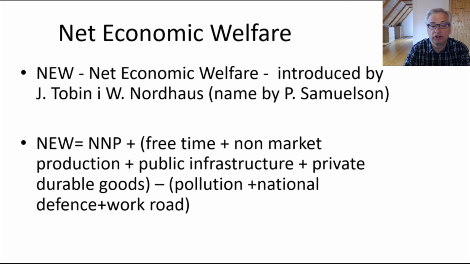Their idea was that net economic welfare is net national product plus the value of free time plus the value of non-market production, remember the cake from your granny, plus public infrastructure that makes your life easier, plus private durable goods that are produced and can be used, but minus pollution, minus national defense, and minus work, and that would be a nice tool to capture our economic welfare.